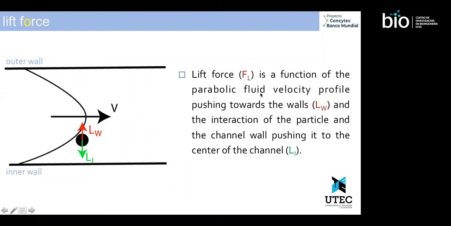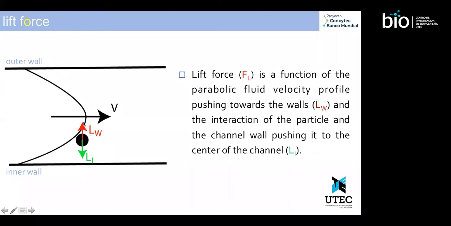So we have a parabolic fluid velocity profile, which pushes towards the wall. As you can see, at the edge of the flow, it will push this particle towards the wall. But since the particle goes to the wall, there's also an interaction with the wall, which will push it back to the center.